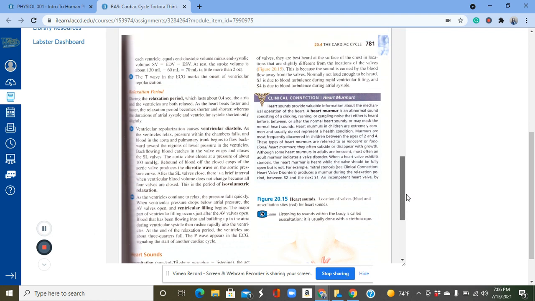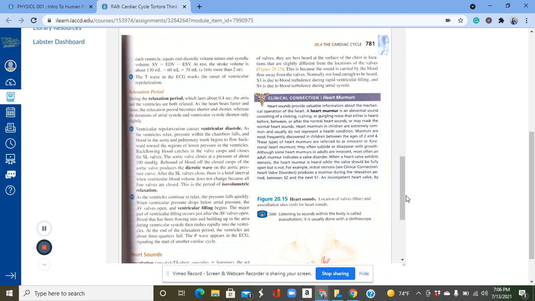So, a few terms in this period. First is the ventricular diastole, which is the period where the two ventricles are relaxing from contractions, and then they're dilating and filling.